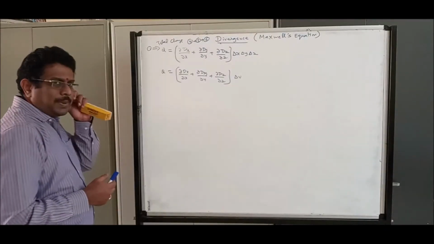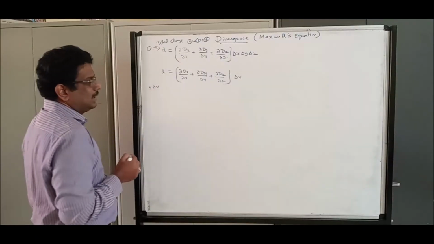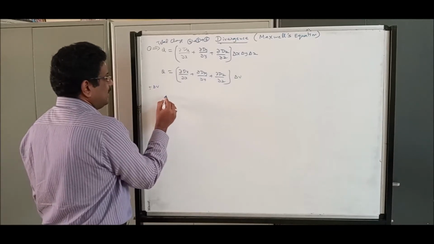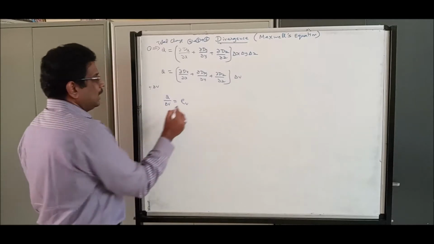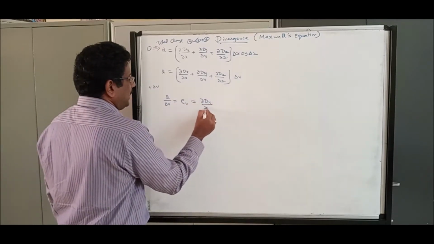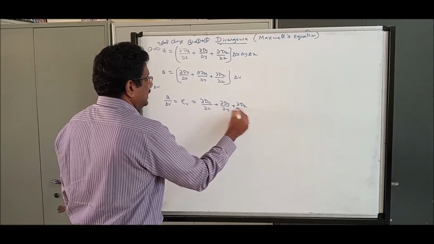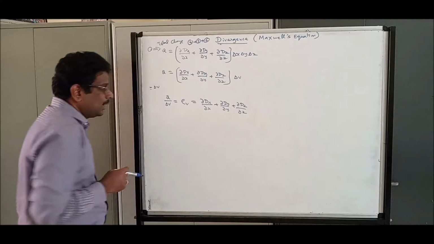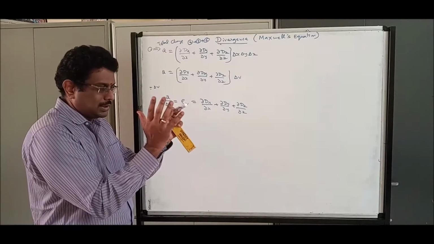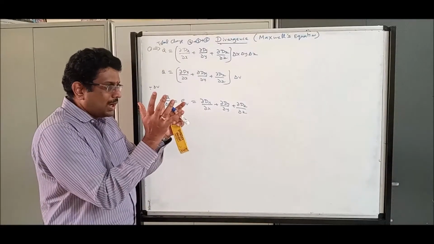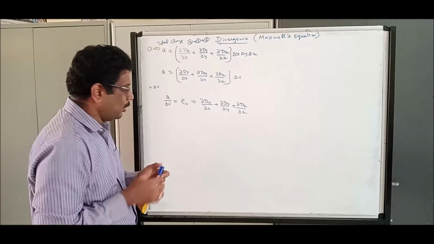If you divide this particular equation by ΔV, the answer will be Q divided by ΔV, which is nothing but rho V, equal to ∂Dx/∂x plus ∂Dy/∂y plus ∂Dz/∂z. Now, if that cube's volume shrinks to 0, we are going to discuss what will happen.